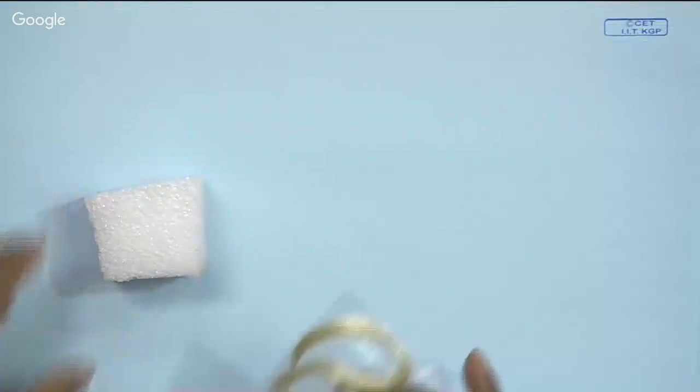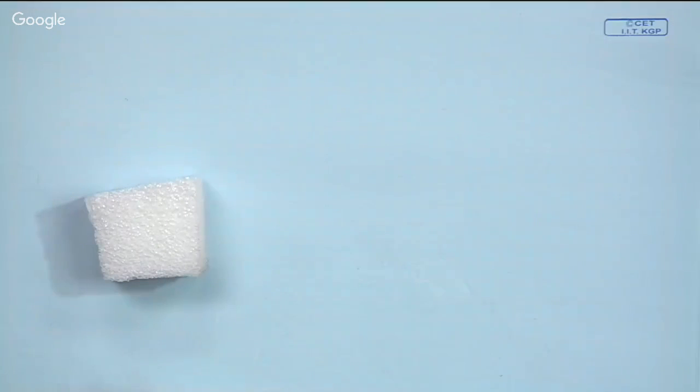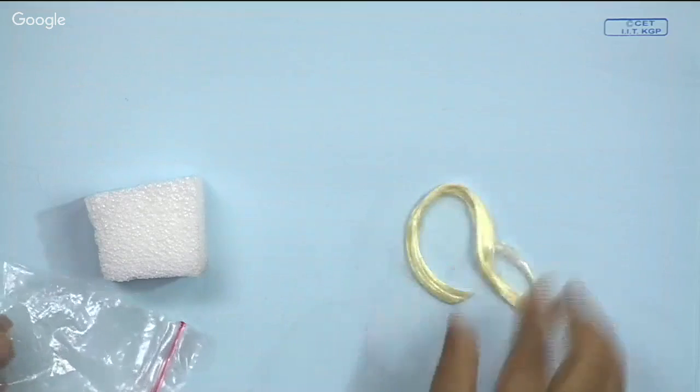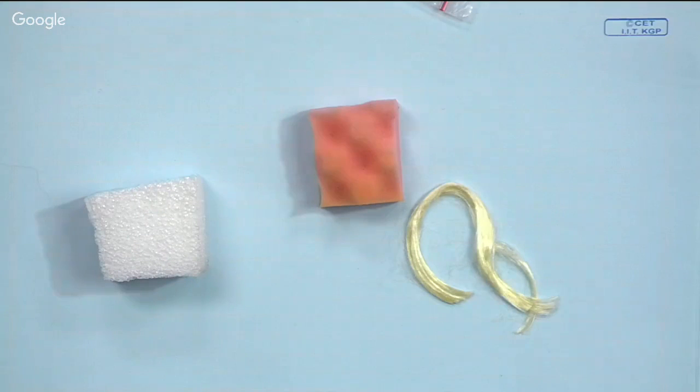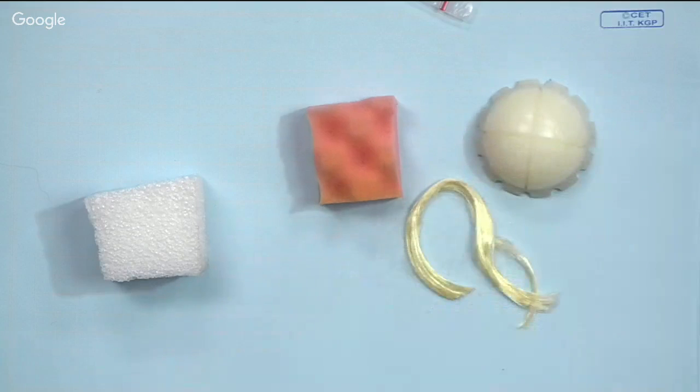Most of these polymers we see, fibers, this is also a polymer, this is also a polymer. I think you must be recognizing this. What is this? Acetabulum, made of ultra high molecular weight polyethylene.